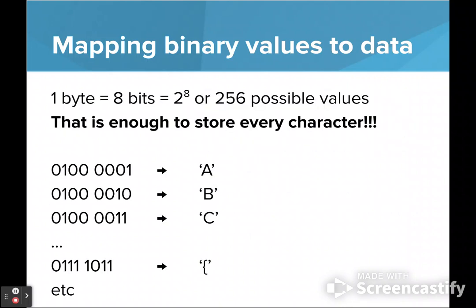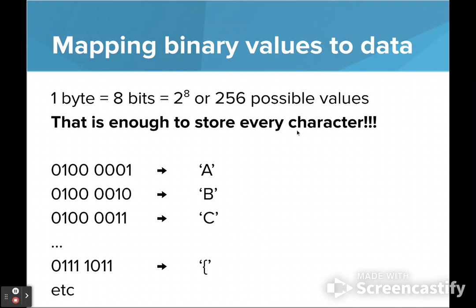So remember, 1 byte is 8 bits. 8 bits is 2 to the 8th, which is 256 possible values you can make using only zeros and ones. You could have 8 zeros, you could do 7 zeros with a 1, you could do 6 zeros with a 1 0, 6 zeros with a 1 1, and so on.